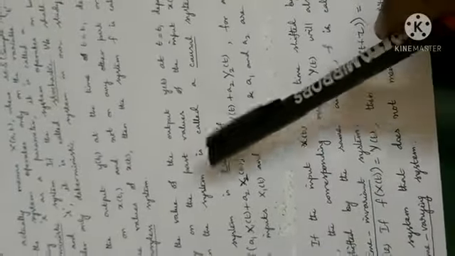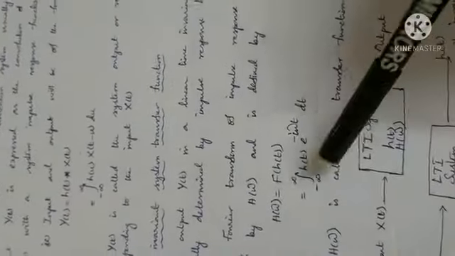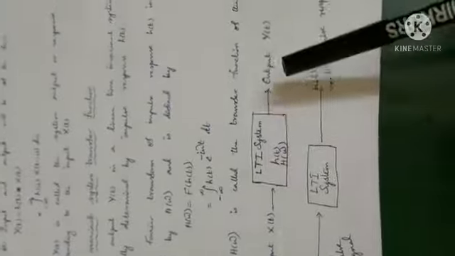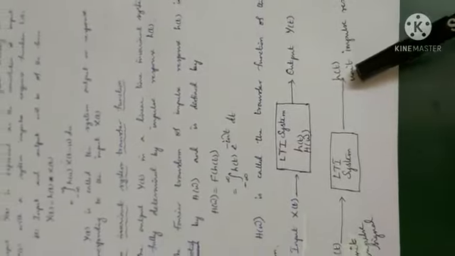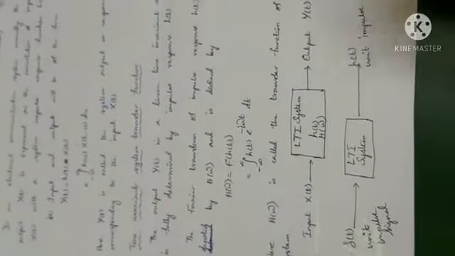When can we say a system is linear? When can we say it is time invariant? What is the relationship between input and output? What is the transfer function h of omega? When is the output fully determined with the help of h of t, and when is the output equal to h of t? All these you know. Next we have some more properties that we shall see in the next video.